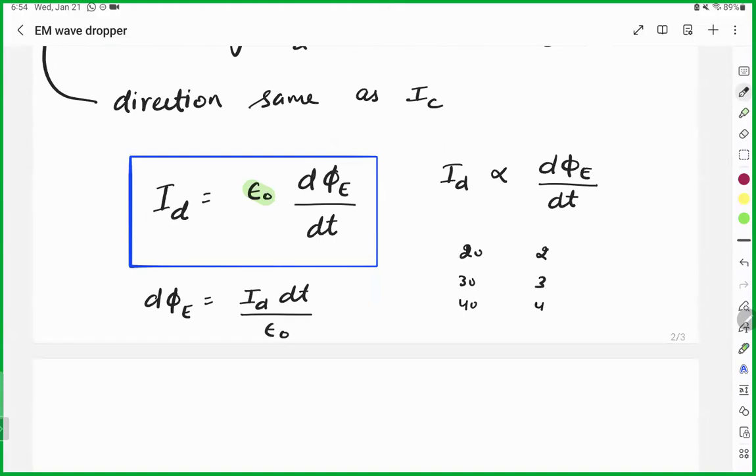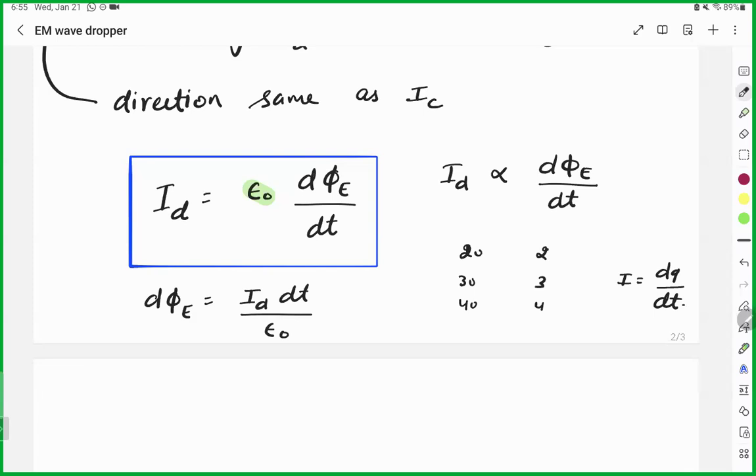Correct. And remember, you have to always correlate with the basic concept. The change in the charge is responsible for the current. This basic law will always be applicable. Understood?